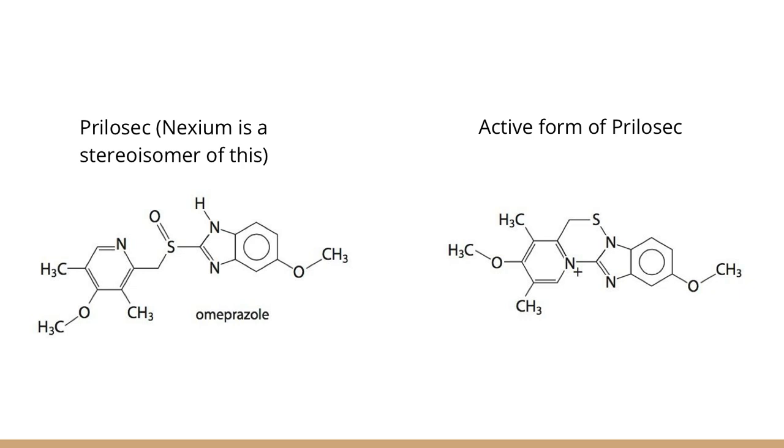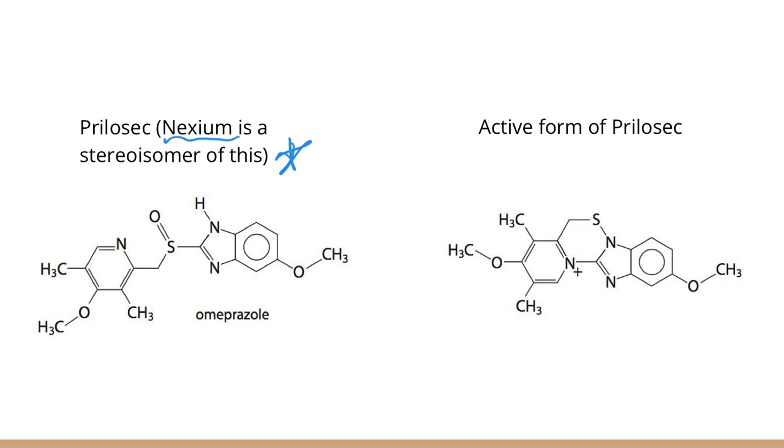Here are the two structures. The first one is Prilosec. Just important to keep in mind, Nexium is a stereoisomer of this. This is the unprotonated form.